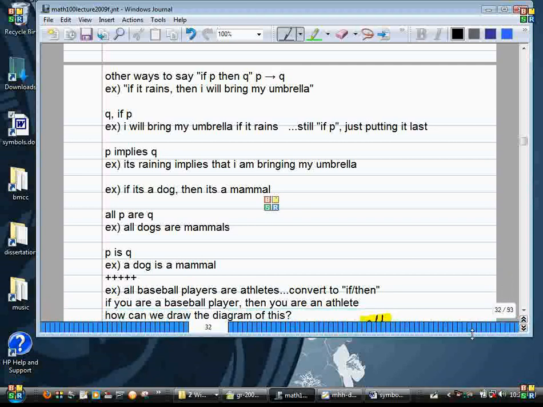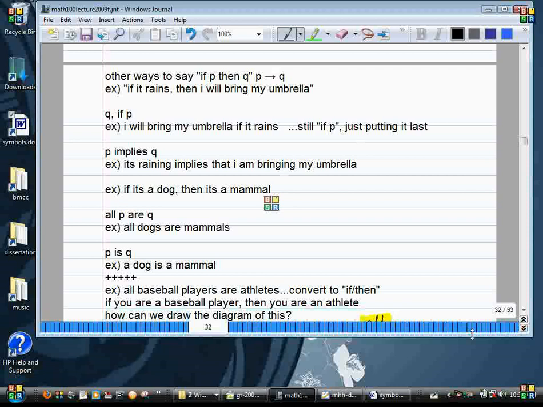Now, how can we draw a diagram of this? By diagram I mean a Venn diagram. You need to be able to represent athletes and non-athletes. What else would you need to represent? Baseball players. So typically, how would we do that?